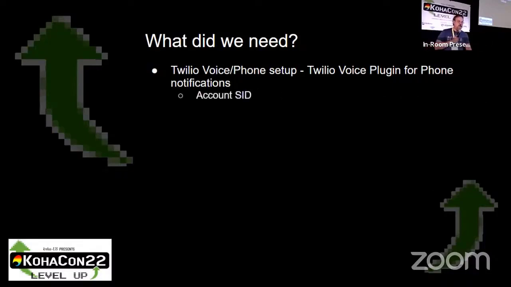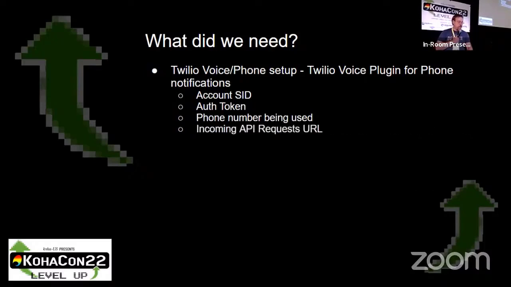They just needed the account SID, which was assigned when I signed up for an account in Twilio, an auth token or authentication token, and the phone number being used. So those are the three pieces of information I needed before we could set up things in Koha. Oh, and there was also the incoming API request URL.